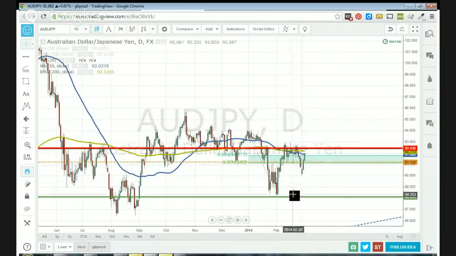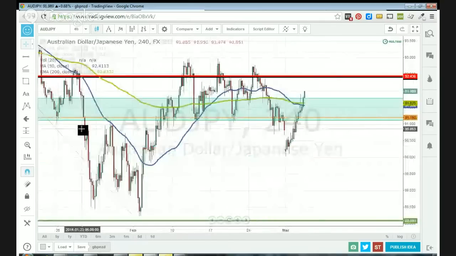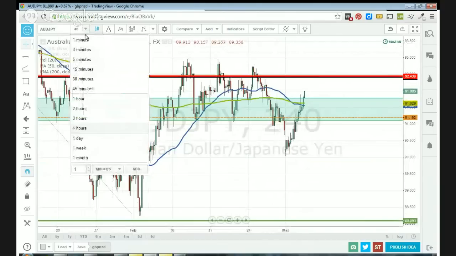The target profit's still here. I moved my stop to break even a couple days ago when it closed below this minor support level. Let me take a look at the 4-hour chart. It's still going strong, but there's nothing to do at this time with either of those pairs. Just wait and see.